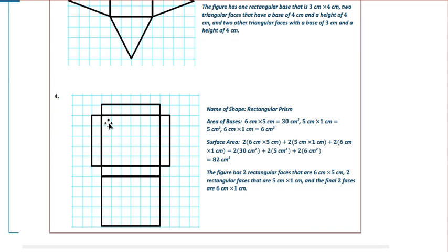And these larger rectangles are 6 by 5, and there are 2 of them. And then we have 2 rectangles that are along the longer side, and they are 6 by 1, and 2 rectangles that are on the slightly shorter side, which are 5 by 1, for a total surface area of 82 square centimeters.